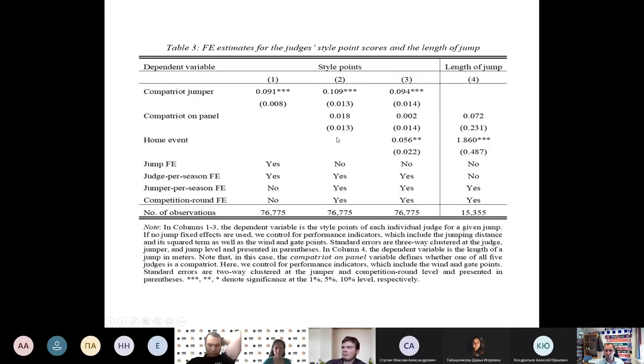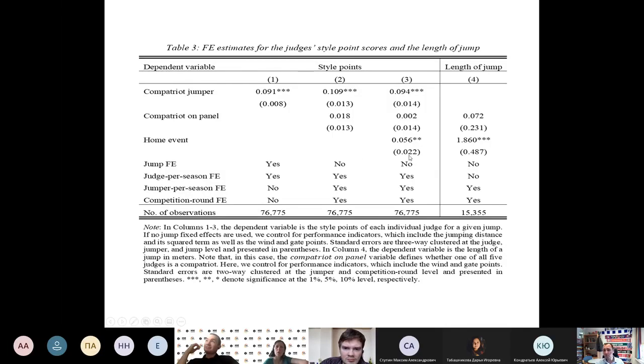Now, when we want to use compatriot on panel, we have to relax these jump fixed effects and instead use some other fixed effects. And we see that, first of all, the compatriot jumper effect remains more or less the same, very significant and positive. And for compatriot on panel, the jumper whose compatriot is on the panel receives close to 0.2 points more, not entirely significant at conventional levels.